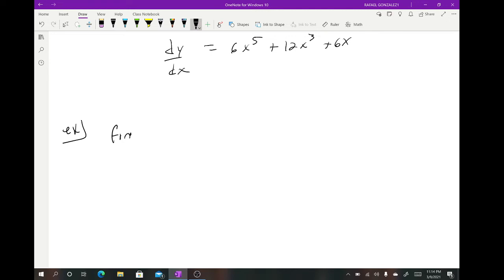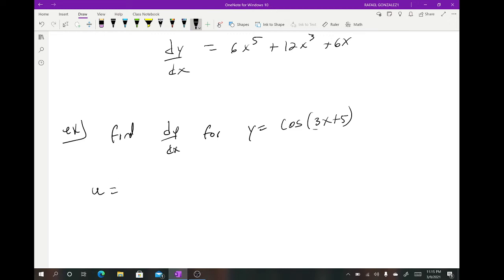So let's find dy dx for y equals cosine of 3x plus 5. Okay, so here, what is my u? My u is my inner function.